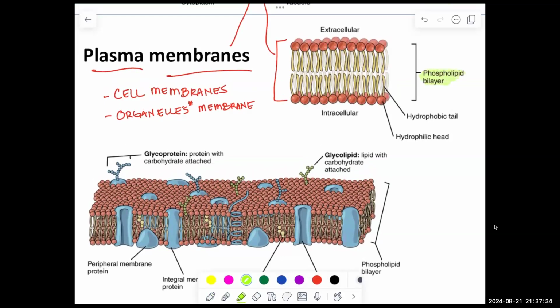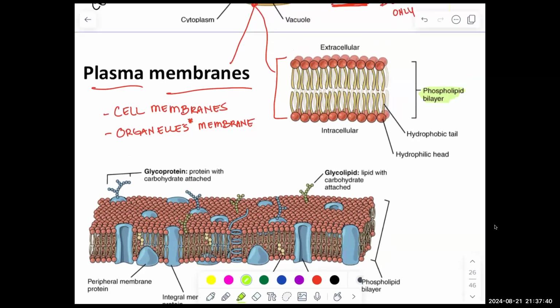And the phospholipid molecules make the phospholipid bilayer. What does that mean? Here is one phospholipid molecule. That's just one. Let me do a darker color. Here is one. That is one phospholipid molecule.